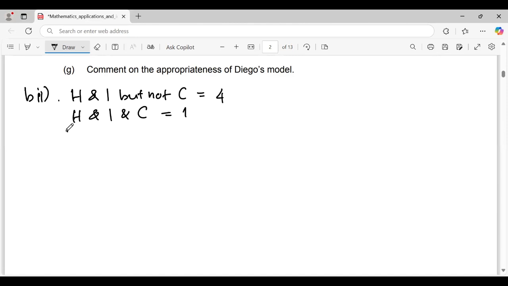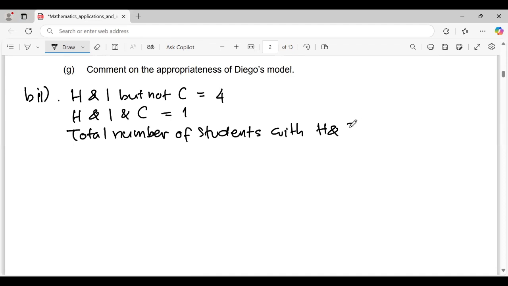So the total number of students with head lice and influenza is 5.